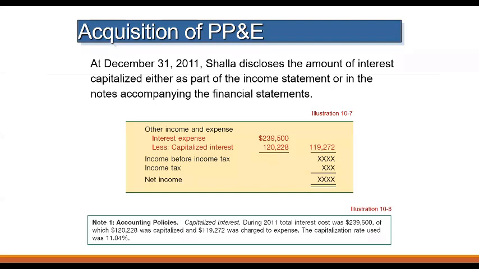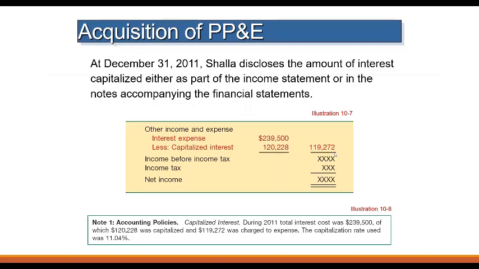The last thing to be shown is how we are going to present that in the financial statements. If we are talking about the income statement, you will find that under other income or expenses, we are going to say the interest expenses 239,500 minus the capitalized interest 120,228.